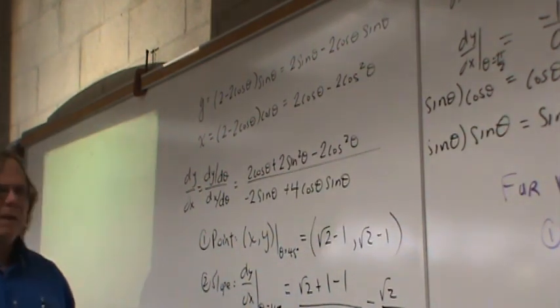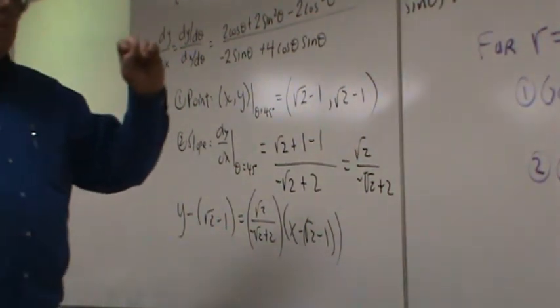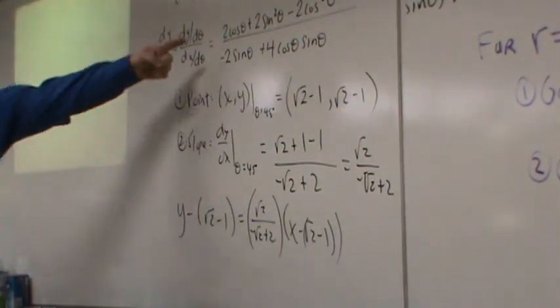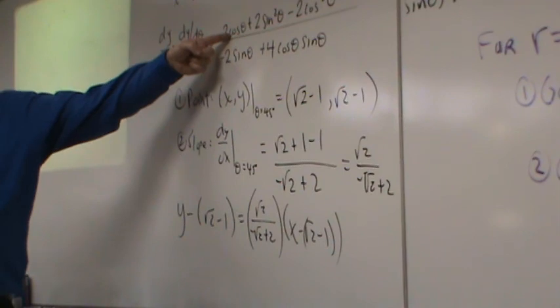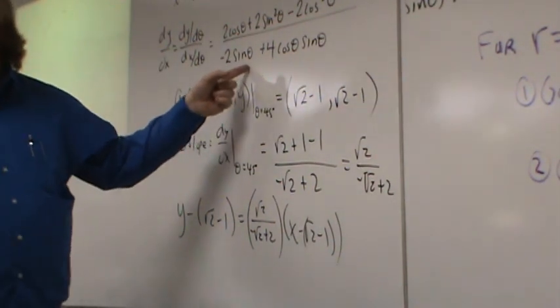Yeah, that'll be it. Can I tell you one more thing before you leave? You're going to get some problems that ask you to find the equations for the horizontal and vertical tangent lines of the curve. If you want a horizontal tangent, you put the numerator equal to 0, and you're going to have to use your graphing calculator. If you want a vertical tangent, you put the denominator equal to 0.